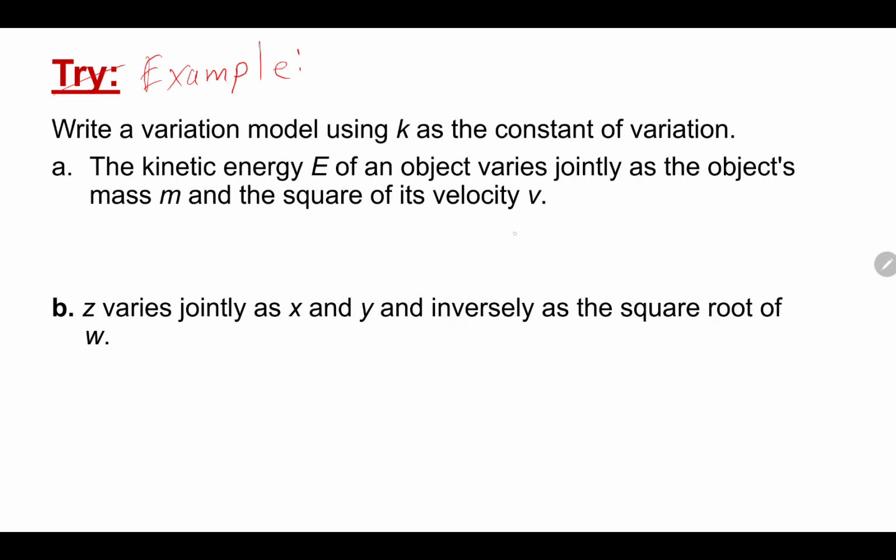So I have E equals, and it varies jointly, so this is the K times the object's mass, so that's my M, and the square of its velocity, so this would be V squared. So E equals K M V squared.